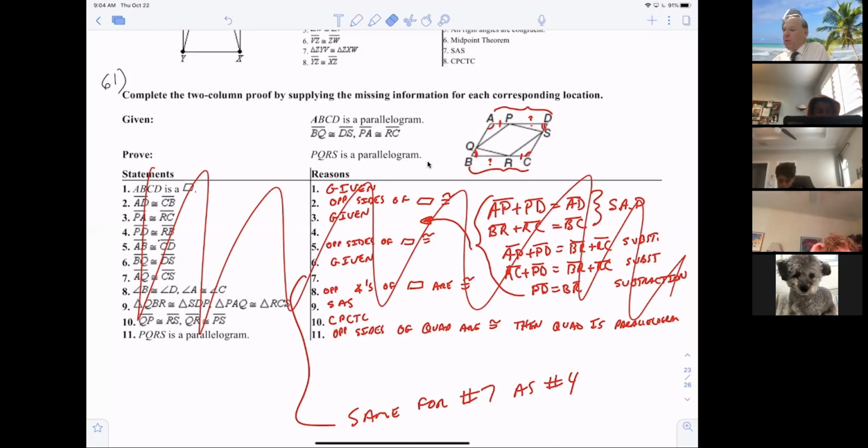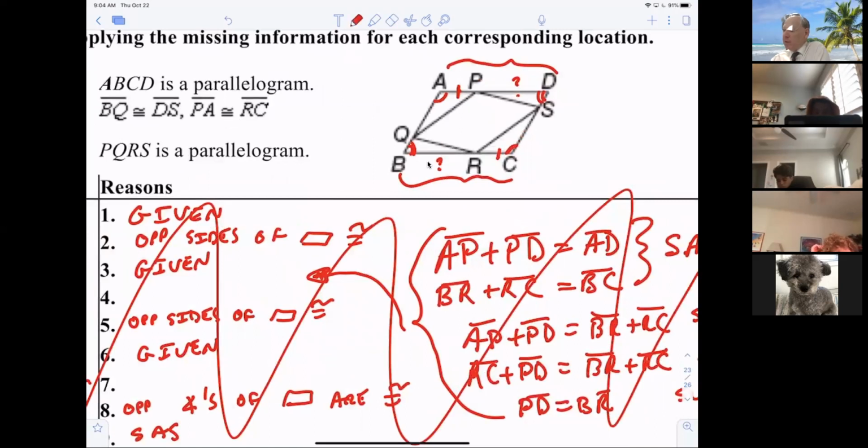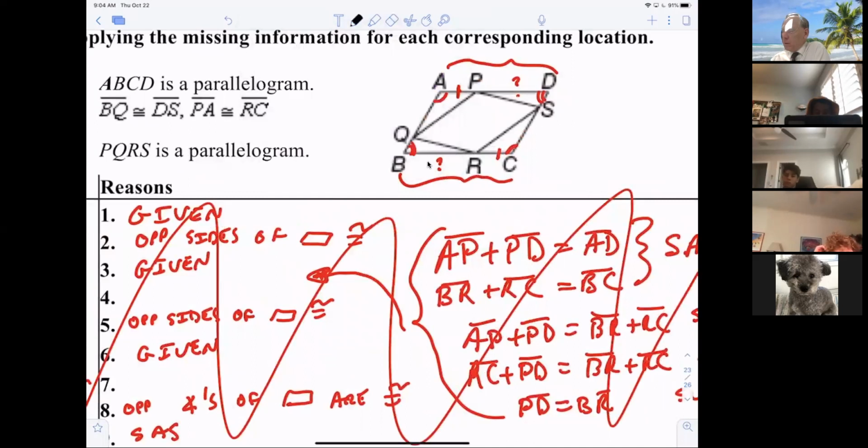So it says complete the 2-column proof. It's a parallelogram. And then it says BQ is congruent to DS, so I'm going to mark that. This is congruent to this.